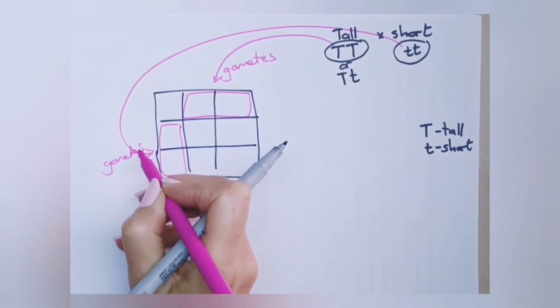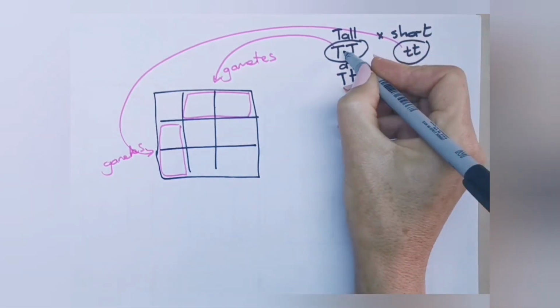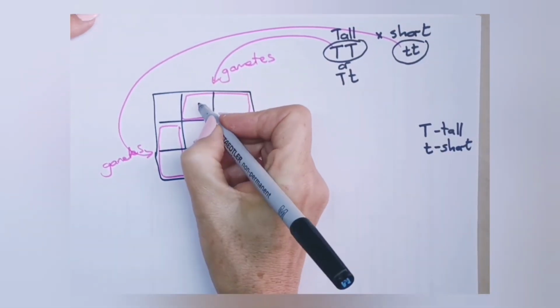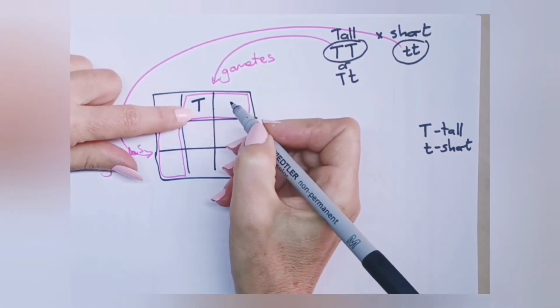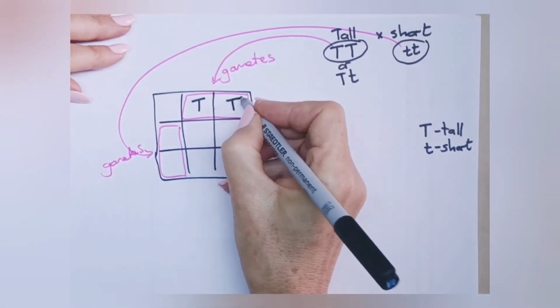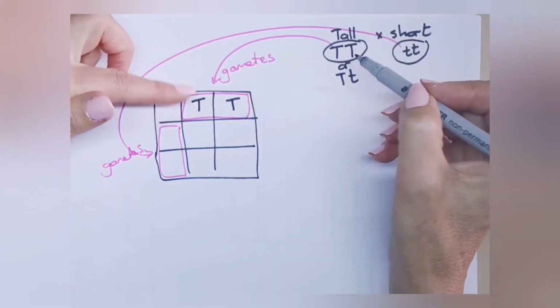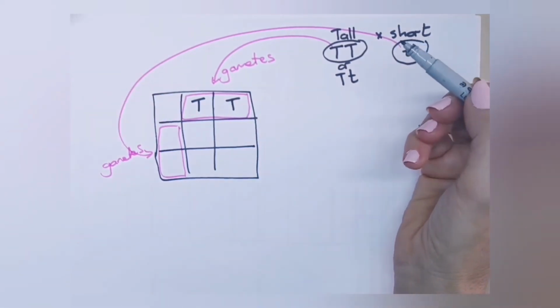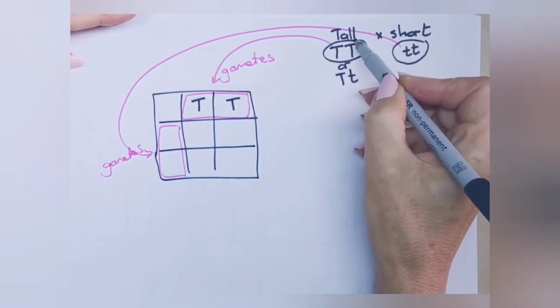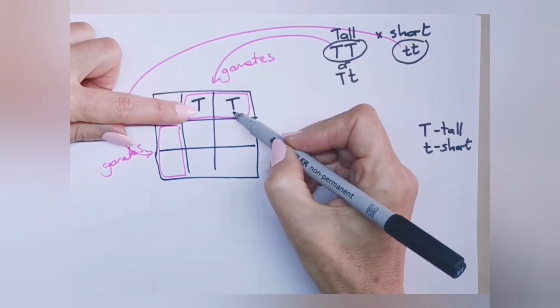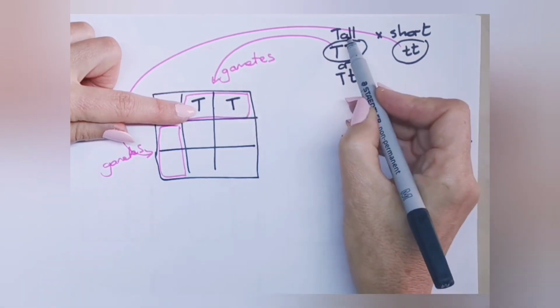So that means if this tall plant with a big T, little t undergoes meiosis, some of the ovules will get big T's and the other ovules will also get big T's. So all the gametes produced through pollen or ovulation, oogenesis by meiosis in a tall plant will just have big T's. It doesn't ever have little t's in a big plant.